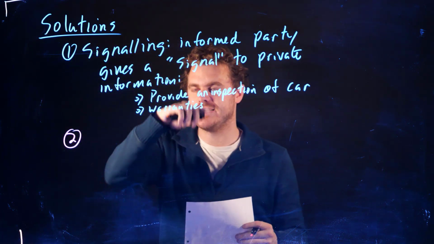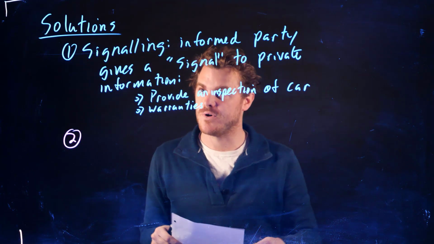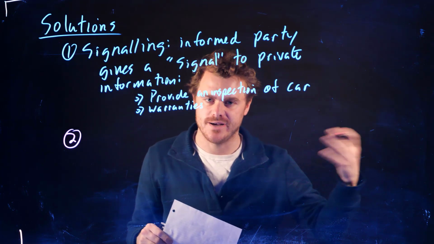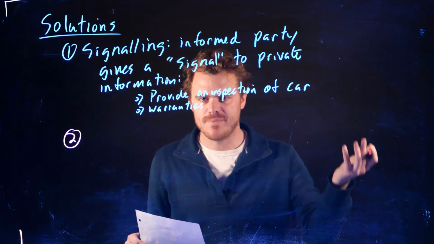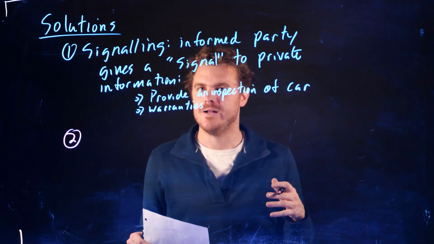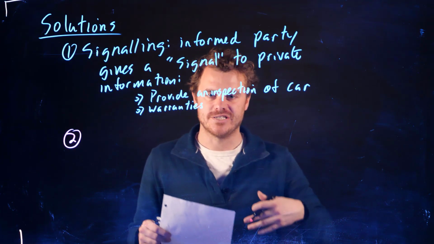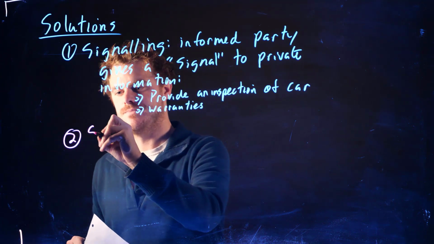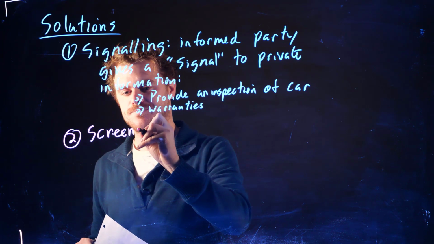So that's signaling. That's one of the solutions to this, for the informed party to signal information to the uninformed party. Now the other solution comes from the other side, where the uninformed party is going to screen the informed party. So it's going to be screening.